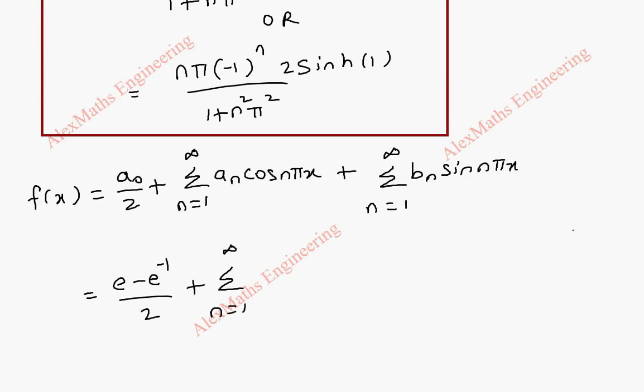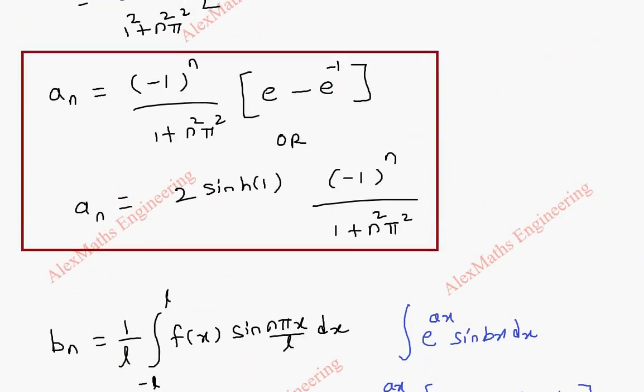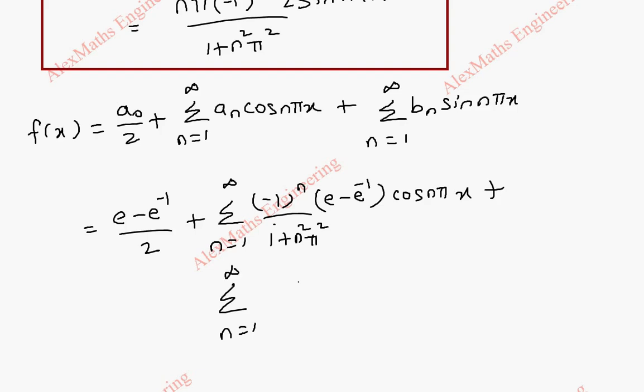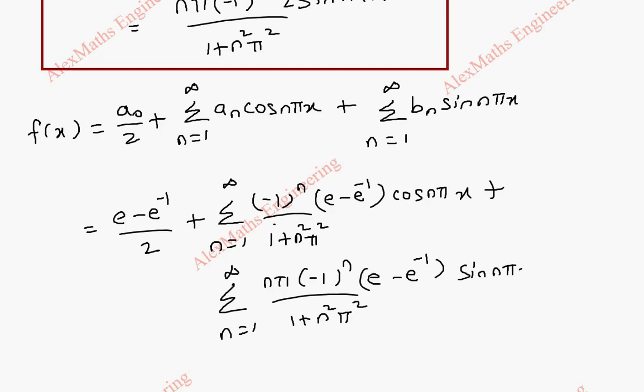So I write it here, e power 1 minus e power minus 1 by 2 plus summation n is equal to 1 to infinity an. So an also we can take minus 1 whole power n by 1 plus n square pi square into e minus e power minus 1 into cos n pi x plus summation n is equal to 1 to infinity bn, that is n pi minus 1 whole power n by 1 plus n square pi square into again e minus e power minus 1 into sin n pi x.